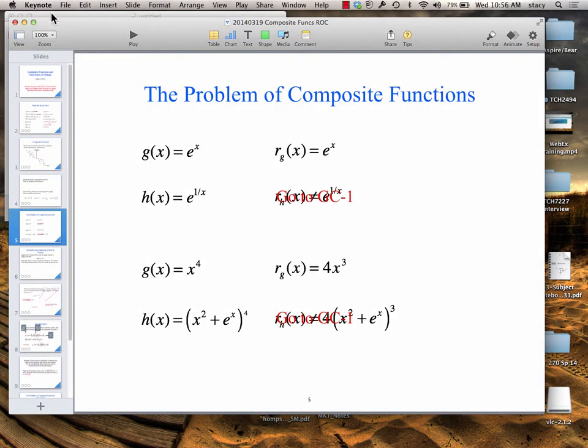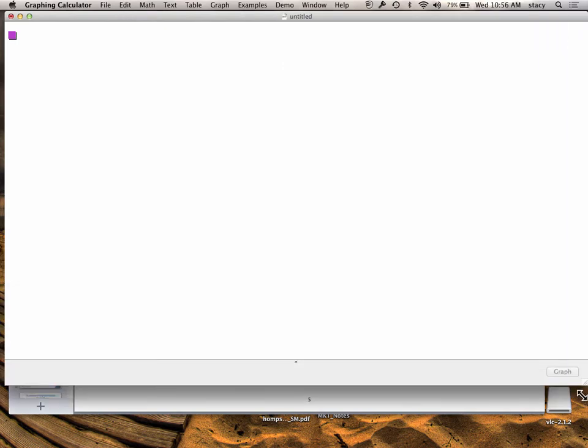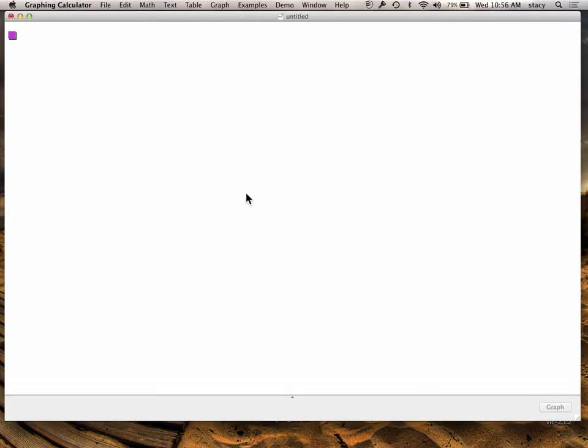Let's go to the graphing calculator. We have this function, h of x, and it is e to the 1 over x. I also have a guess function.